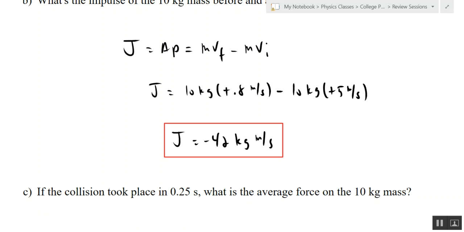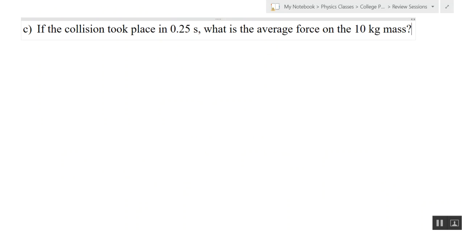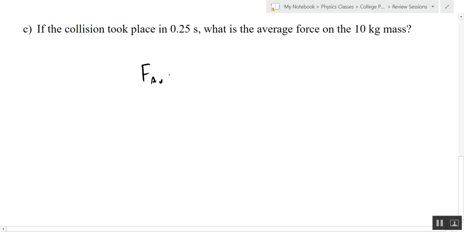Someone already said the answer, but anyhow, the average force is the change of momentum over the change in time, which is the same thing as the impulse over the change in time.